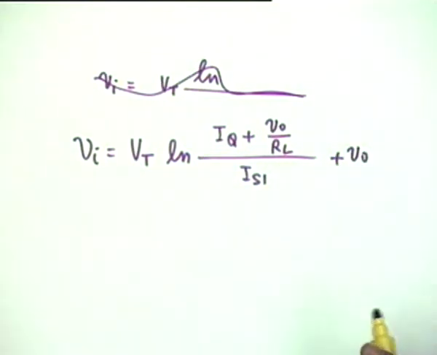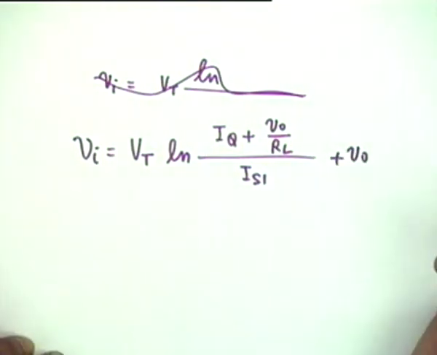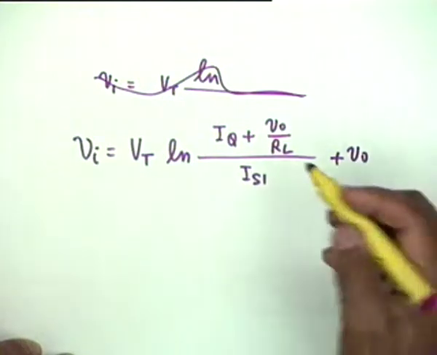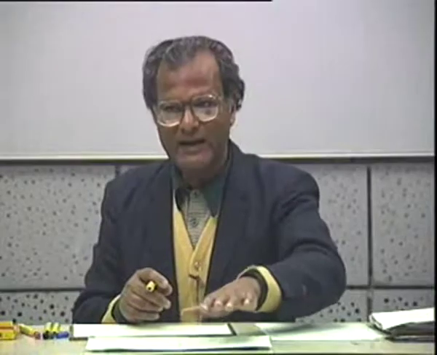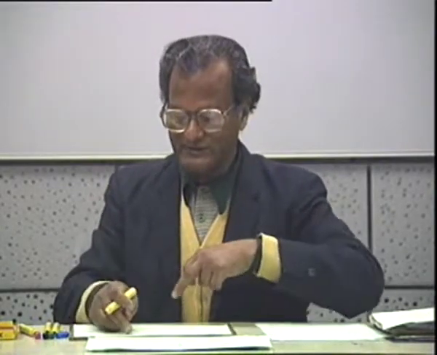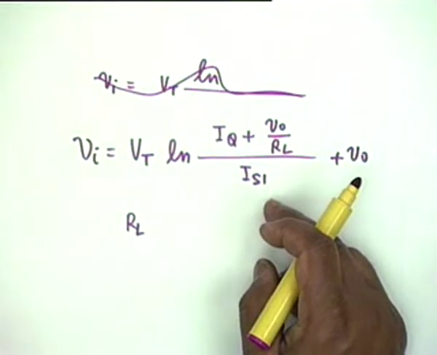This is our exact relationship, the transcendental one. Now, a problem arises when RL is small. In the previous case we considered RL large, so that the first term could be approximated by a constant. Then the task was easy.